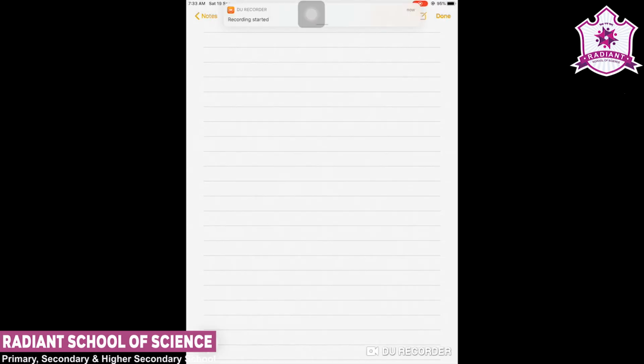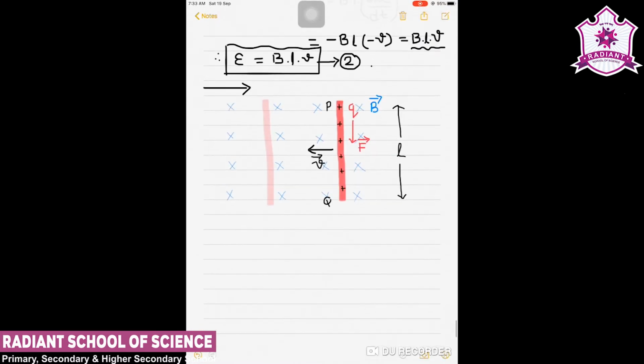We will derive the same equation in a different manner. As we have seen earlier, when any charge is kept in a uniform magnetic field and this charge moves, it will experience a force.